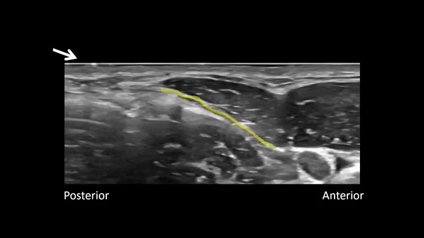The needle is advanced in plane, approaching the target fascial plane from the posterior aspect. Once the tip is in the correct location, you can inject small amounts of anesthetic. If you see spreading of this fascial layer, then the anesthetic is entering the potential space, and this should provide for a great block.